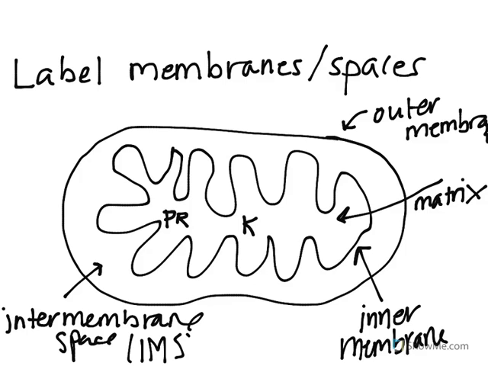That is the space in which we're going to be pumping protons for the electron transport chain. And so we're going to end up building up a proton gradient inside this intermembrane space.